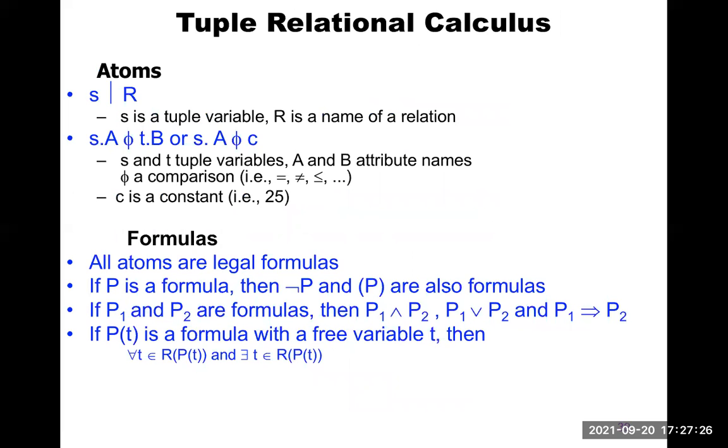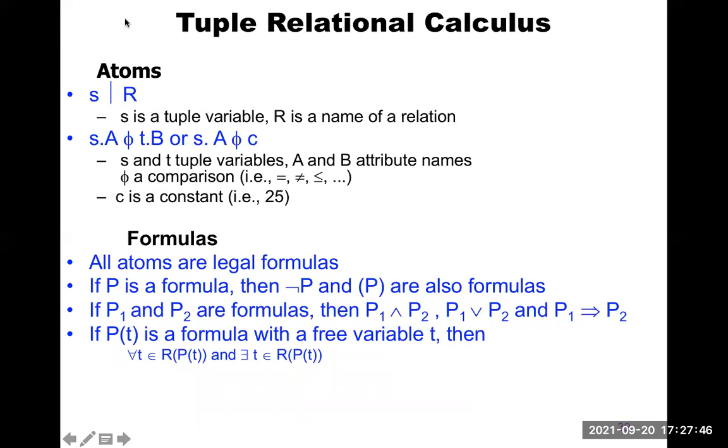So the tuple version of relational calculus consists of atoms and formulas. A tuple variable is a variable that may have a value of a tuple from some table.